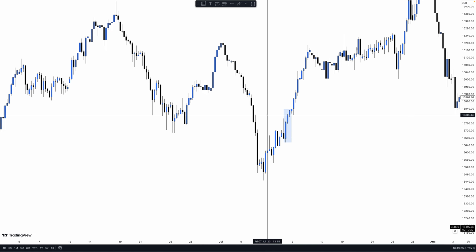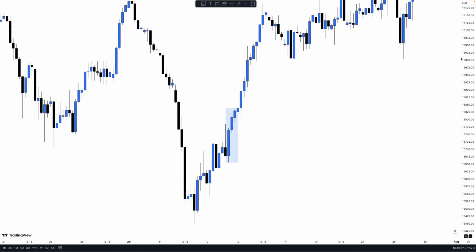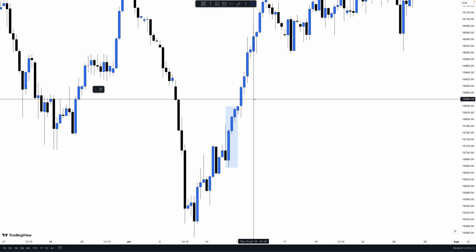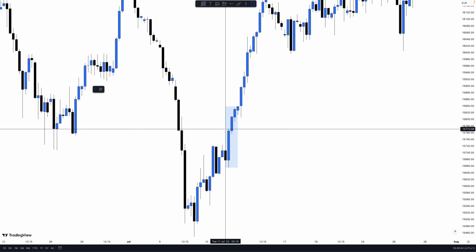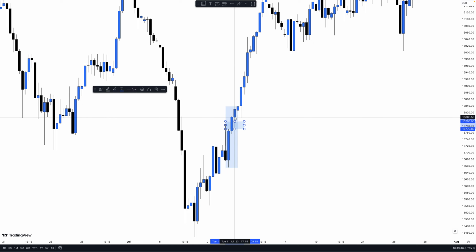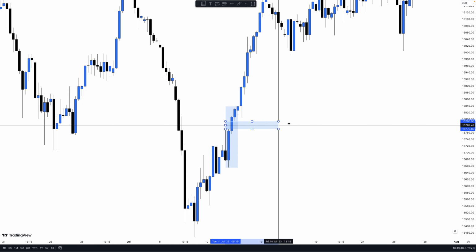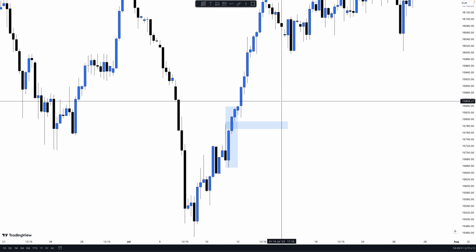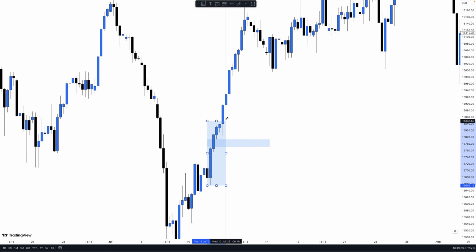What you're going to want to do is get it from the top of the left hand side wick of the middle candle to the bottom of the right hand side of the middle candle. So this would be your fair value gap. Make sense? Good.